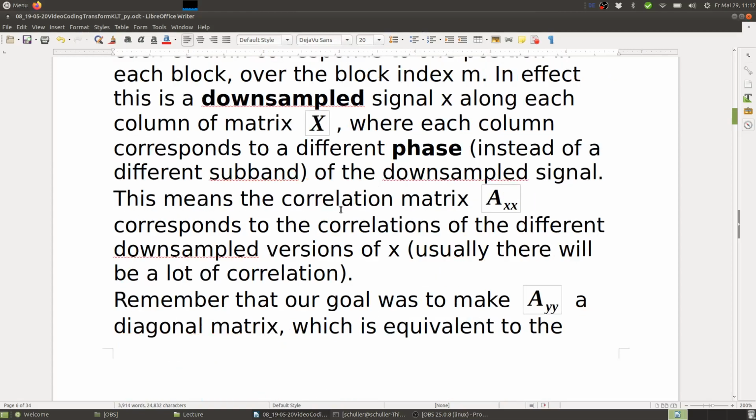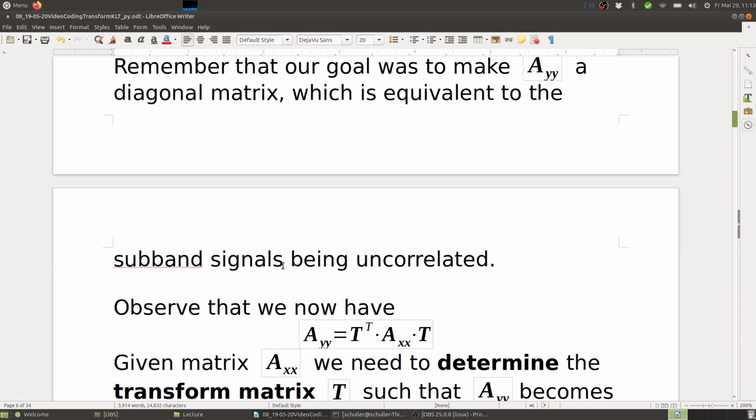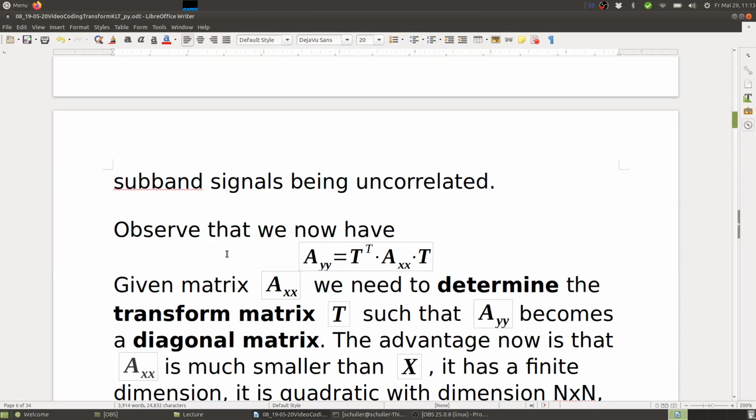So this means the correlation matrix AXX corresponds to the correlations of the different downsampled versions of x. And usually there will be a lot of correlation, right? If you shift the signal a little bit, it still has a lot of correlations. So remember that our goal was to make AYY a diagonal matrix, which is equivalent to the subband signals being uncorrelated.